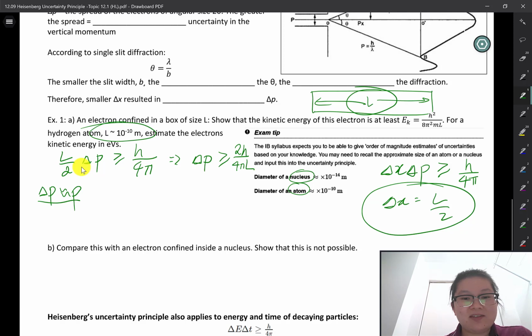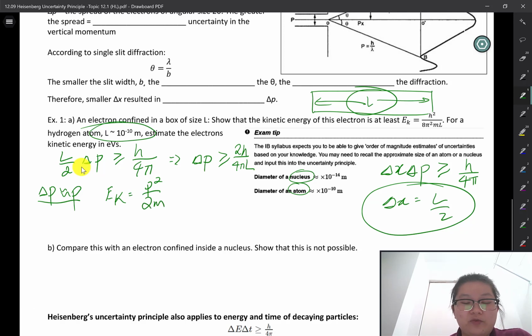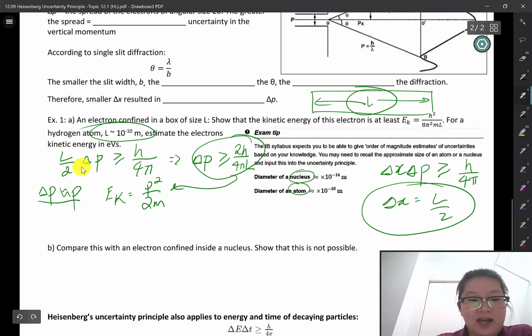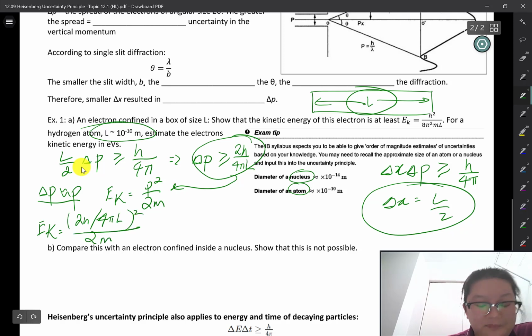If we make this assumption moving forward, then we are able to use this as the momentum to estimate the kinetic energy of this electron, in which we know that the kinetic energy is momentum squared over 2m. So if we put this expression inside here, we get Ek equal to 2h over 4 pi L, all of this squared, divided by 2m.